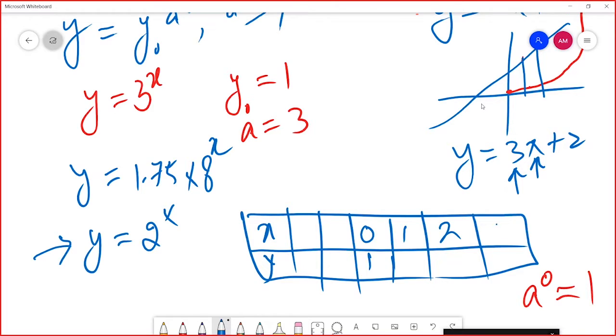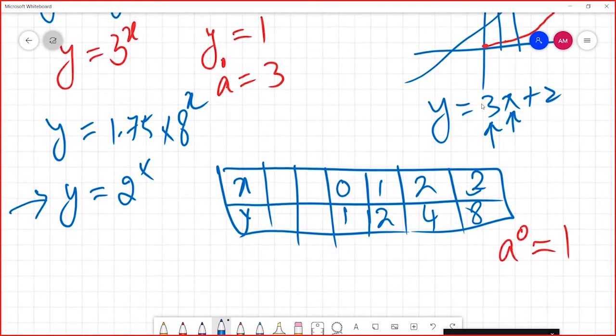If I put these values, can you tell me the value here for 1? It is 2. And for 2, it is 4. Good. And then for 3, 2 raised to the power 3 is 8.